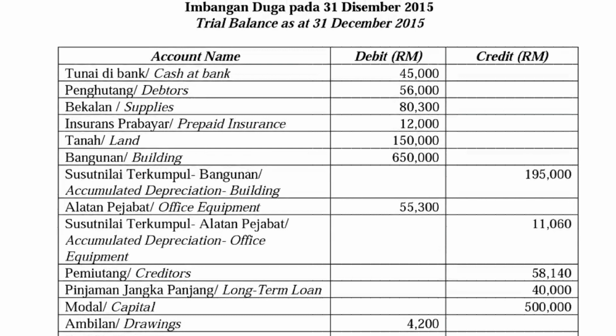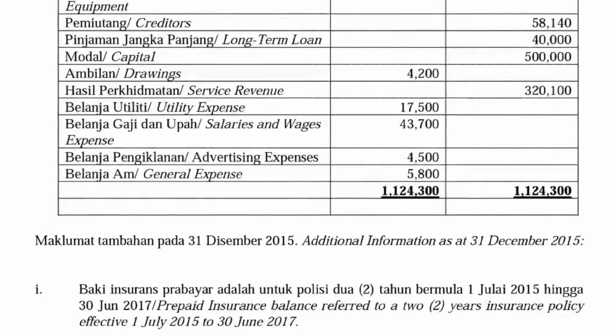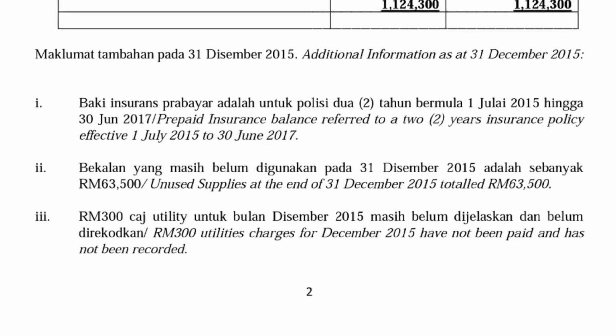That is the balance of account supplies, 80,300. And then when the business checks at the end of the year, 63,500 supplies have not been used yet.